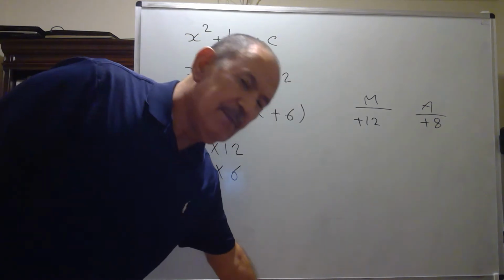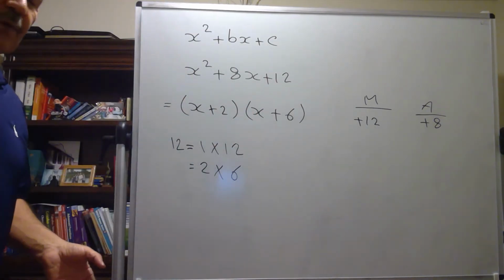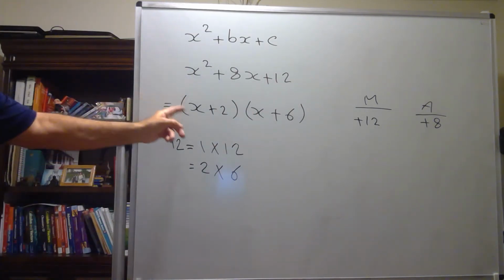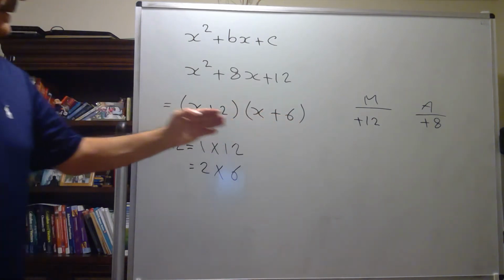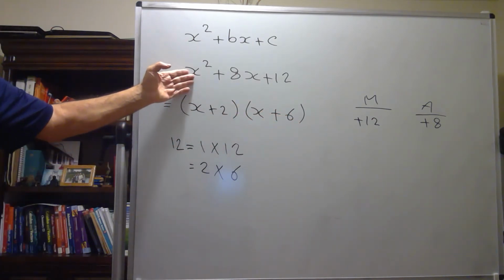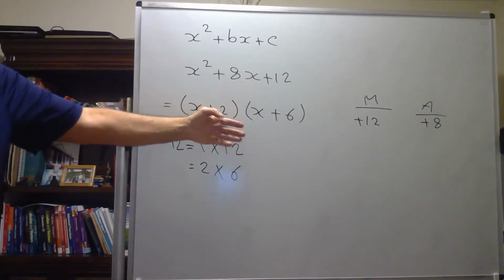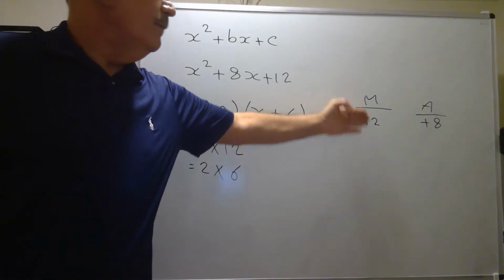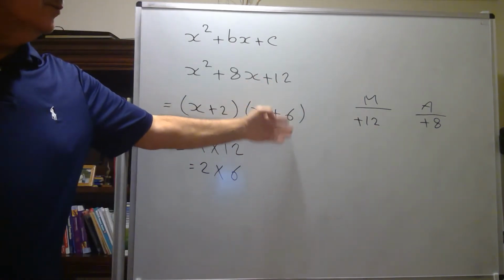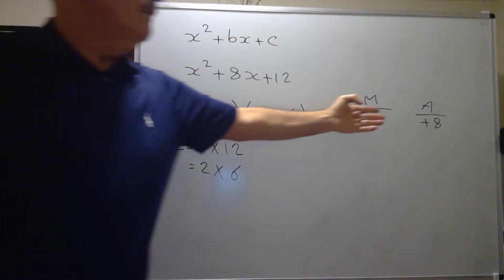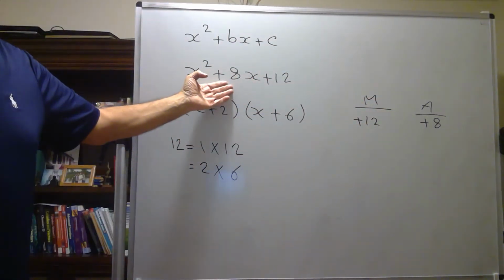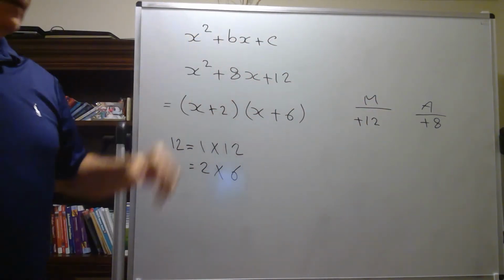This is the method of factoring a trinomial, which is very easy. Always open two brackets. The first term is the square root of the perfect square. The second terms, when we multiply them, should give us 12, or this c. When we add them, it should give us this positive 8, or b.